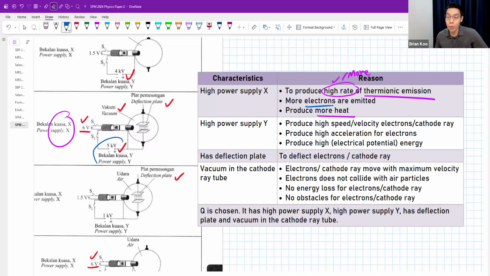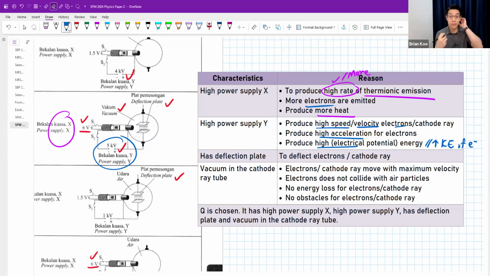Then what is Y to do? Y is to pull the electrons over, to generate the electrical potential energy to attract the electrons over to the anode, to increase the speed, the velocity of the electrons or cathode ray, to produce a high acceleration for the electrons, to produce high electrical potential energy, to produce high kinetic energy of electrons also can.